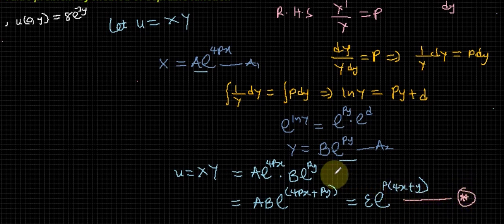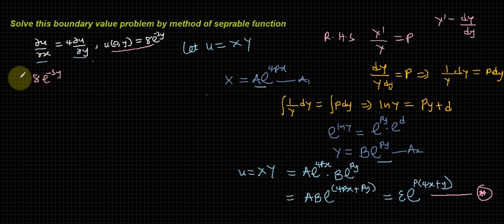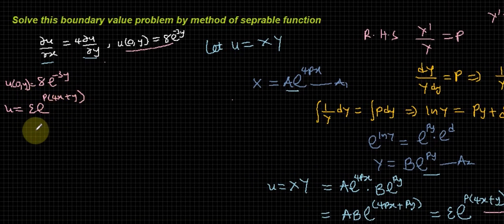Let's look at star and compare it with the condition in our boundary value problem, u(0, y) equal to 8 exponential minus 3y. Here we have u equal to e exponential p into 4x plus y. At x equal to 0, we have e exponential p into y.